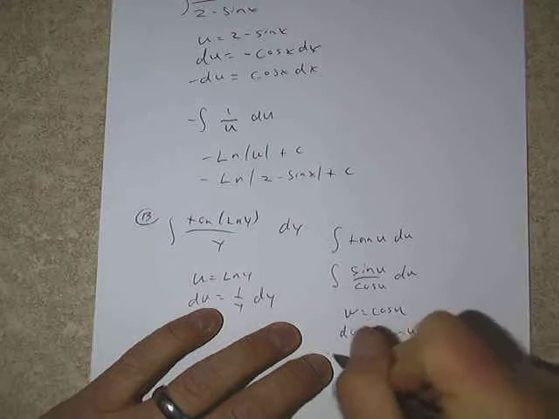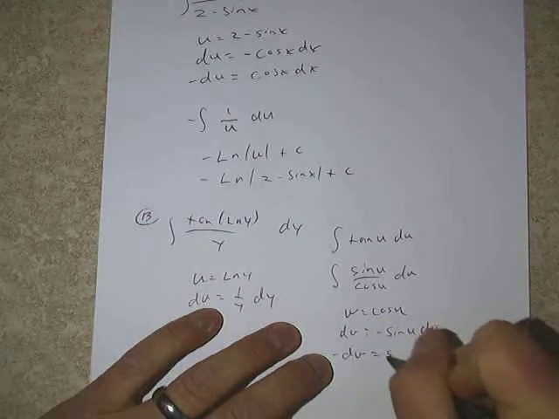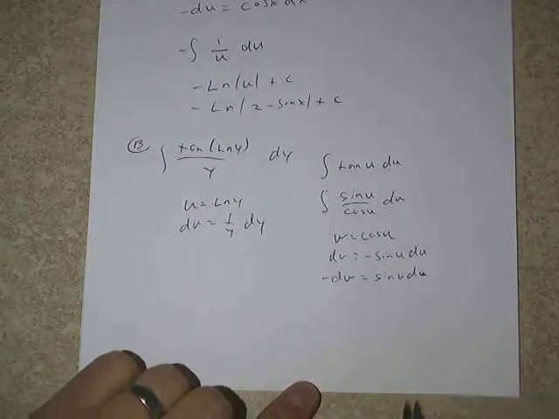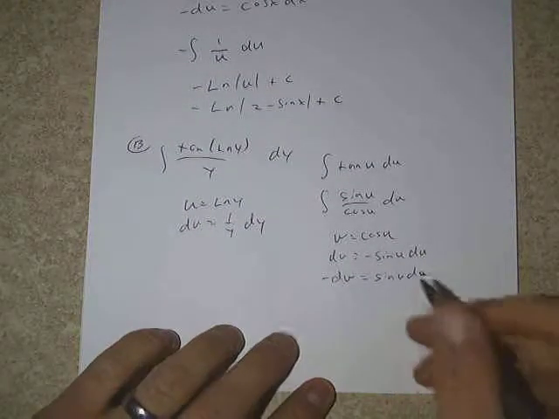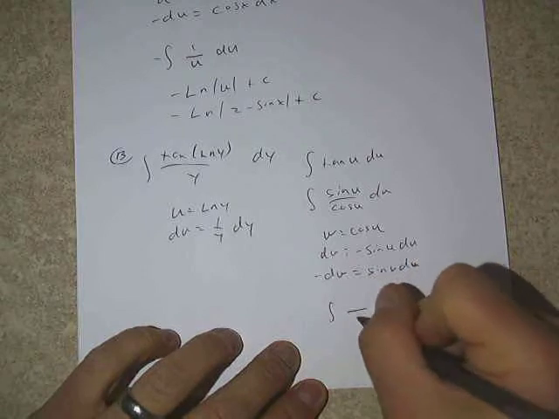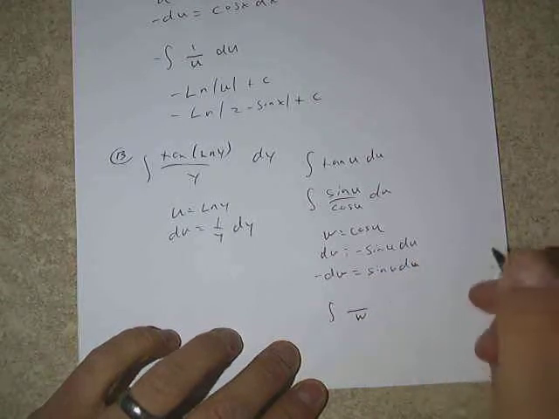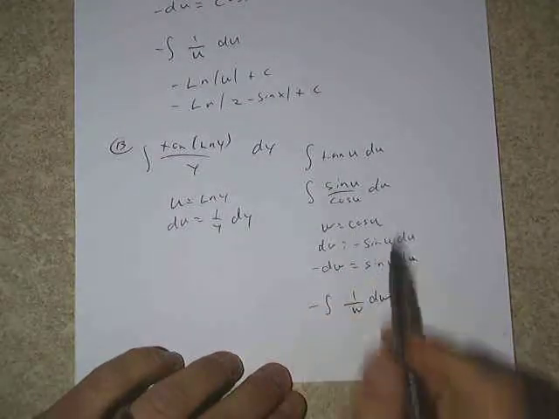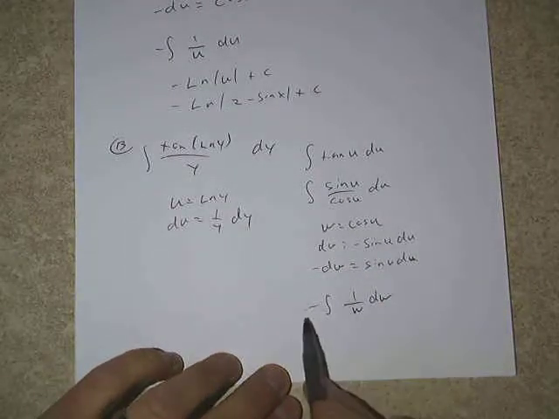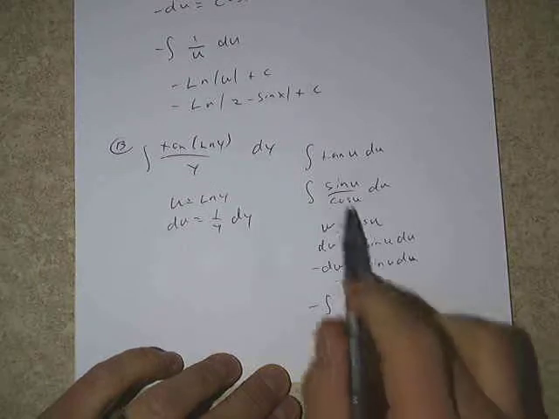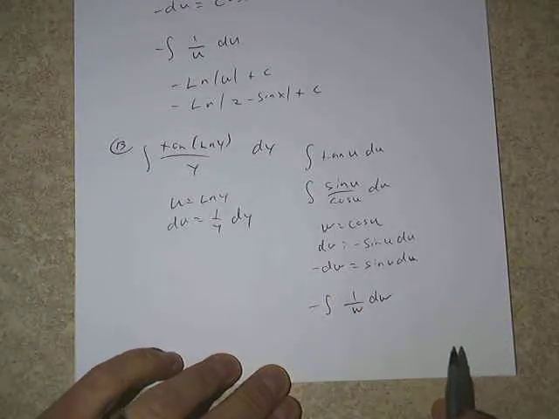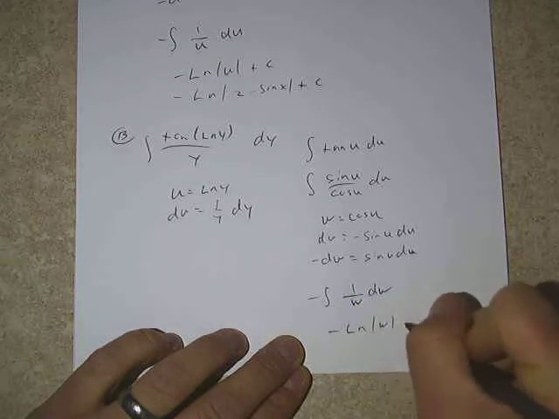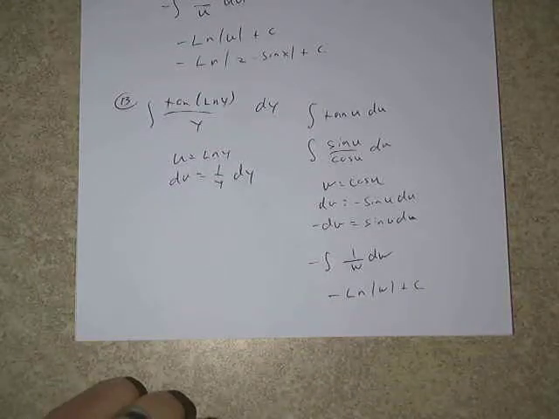We write it as sine u over cosine u du, and we let our w equal cosine u. Our dw would equal negative sine u du. So we replace negative dw. We could replace our sine u du in that integral. So with that, the new integral here then would be w on the bottom, negative 1 and dw here. We're replacing sine u du with negative dw. So here's your negative, here's your dw.